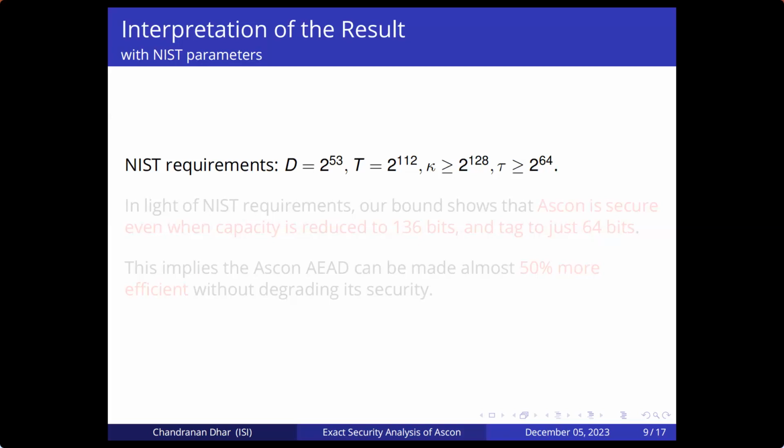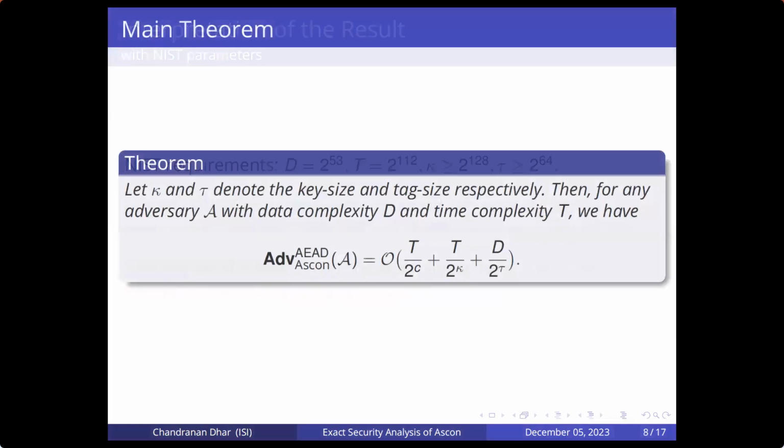If we put these requirements in our equation, then since T is at most 2^112, taking the capacity and the key size slightly larger than 112 bits, and tag size greater than 53 bits, works.